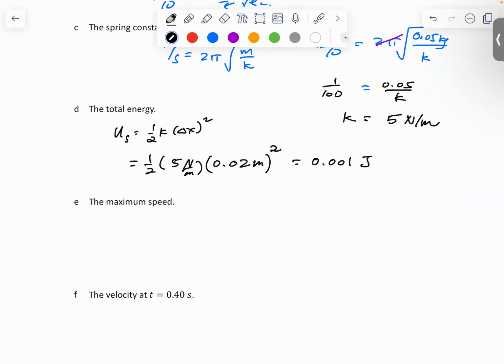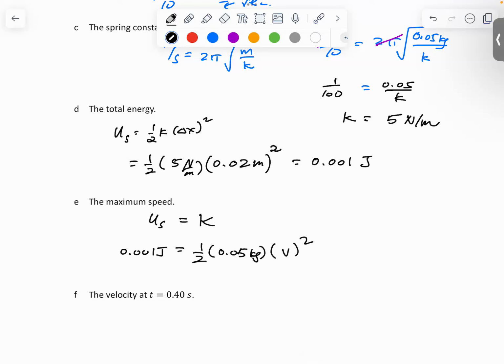And the maximum speed, as we said earlier, the elastic potential energy will be converted to kinetic. So we simply substitute in the 0.001 joules from the previous calculation, and then we have 1/2 mv squared, and we have the mass, and we have to find out the v.